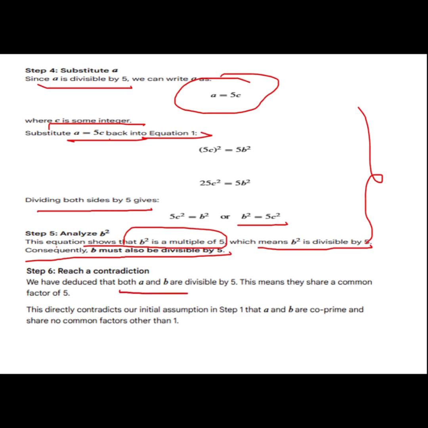From this, we conclude that a and b are divisible by 5, means they share a common factor of 5. Since it is contradictory to our initial assumption, that is square root of 5 is a rational number, so square root of 5 is irrational.